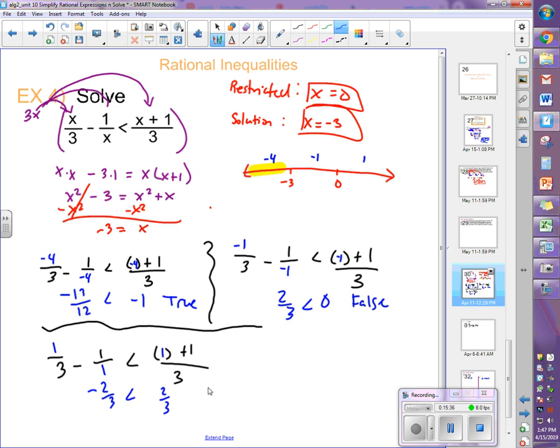And negative 2/3 is less than positive 2/3, so that's true. So let's highlight that region. So the solution to this particular inequality is x is less than negative 3 or x is greater than 0.